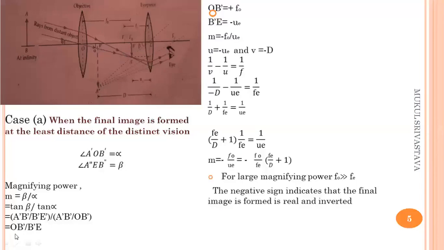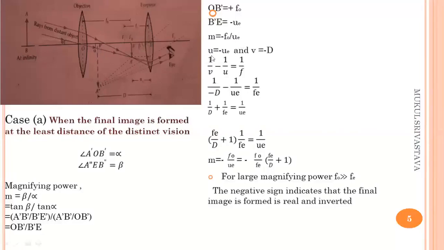So we have the final value here, OB dash upon B dash E. Now OB dash equals f naught, and that is positive. Now B dash E is again minus ue. So m equals minus f naught upon ue.